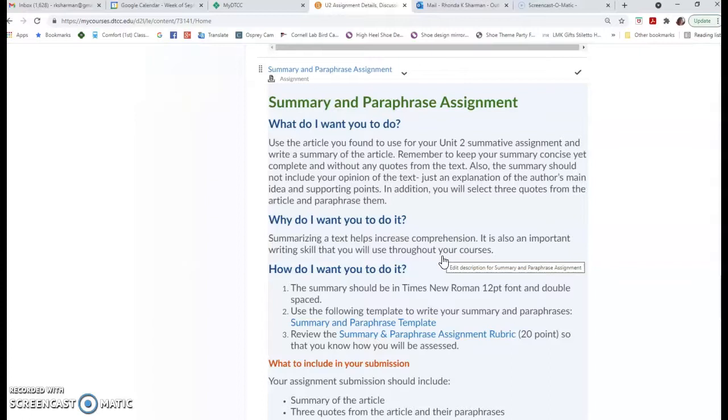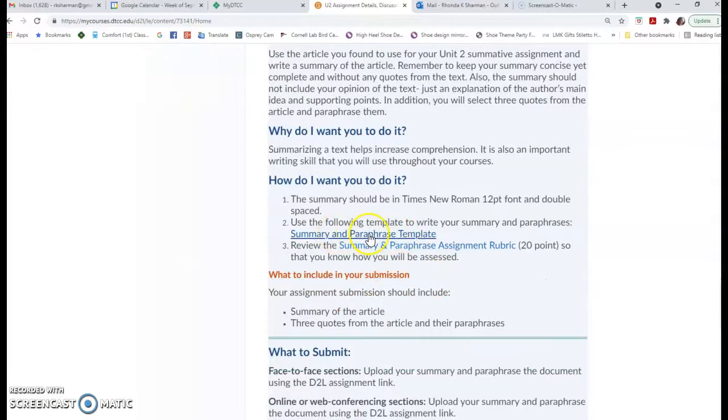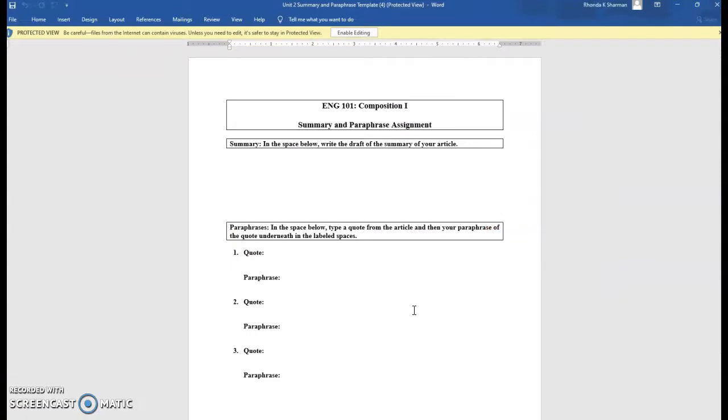You have annotated the key points. And so now what we're going to do with it is to summarize that article and to do some selective paraphrases. So there is a template that you will use to complete this assignment.